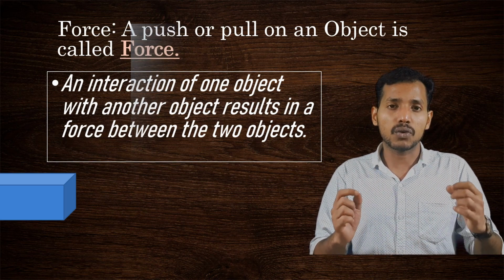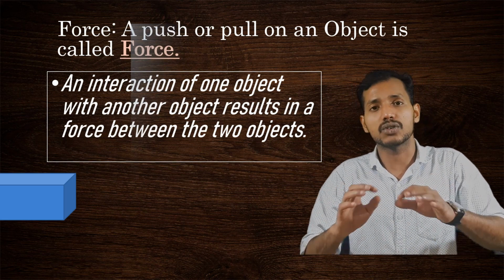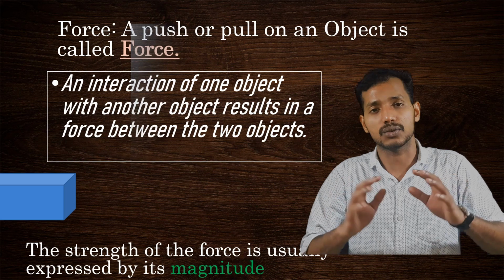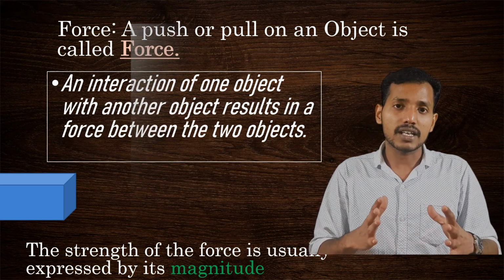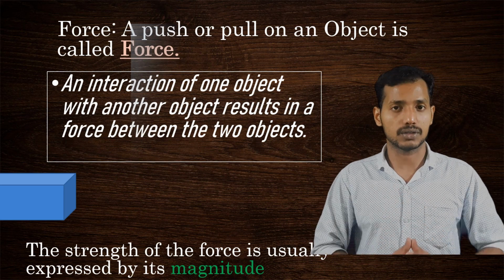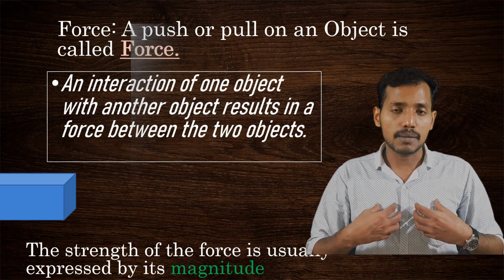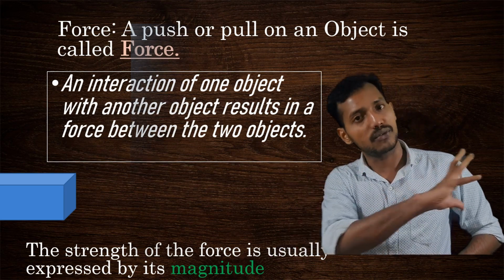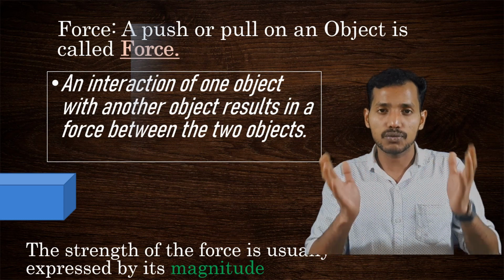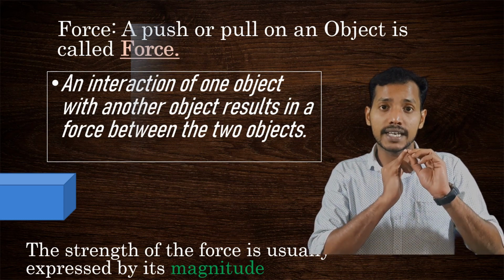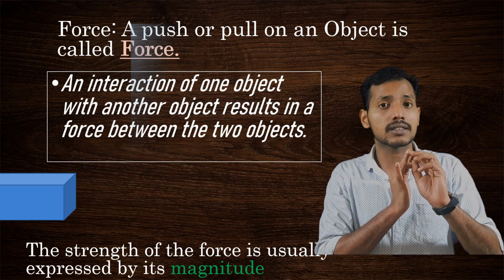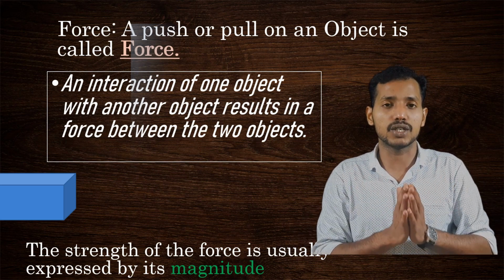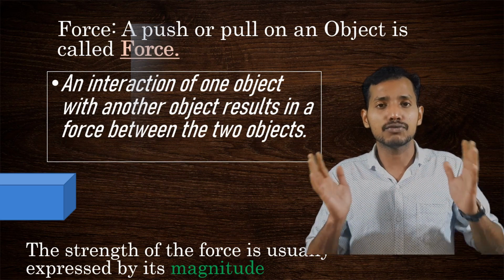The strength of the force we call its magnitude, because a force has both direction as well as magnitude. For example, I can apply the same amount of force towards right or towards left. So to describe the state of force completely, we need the strength of the force as well as the direction of the force. Okay, these are the basic things which we need to remember regarding force.